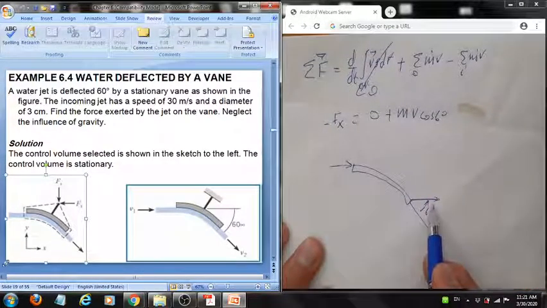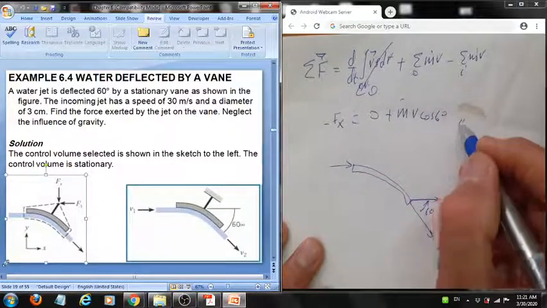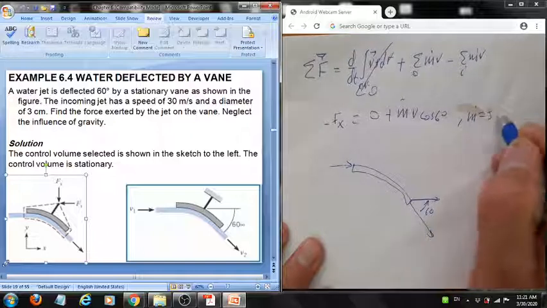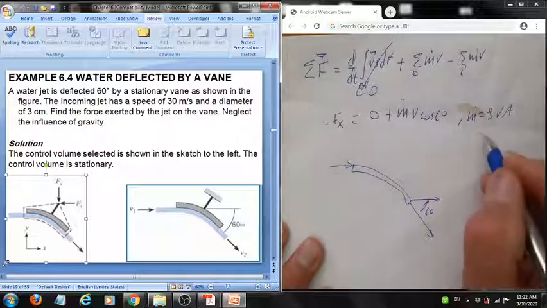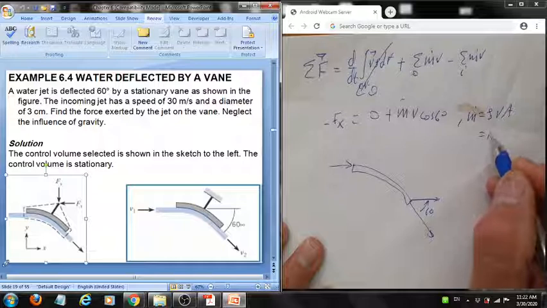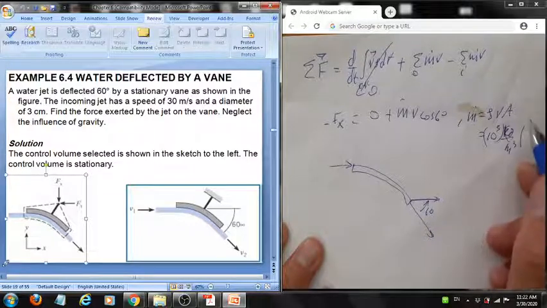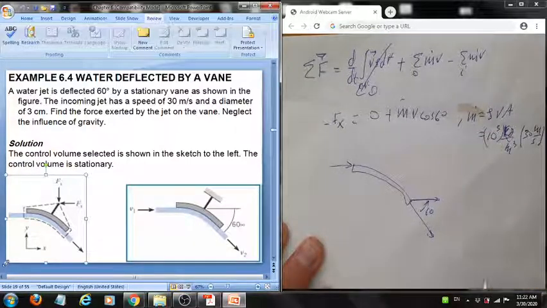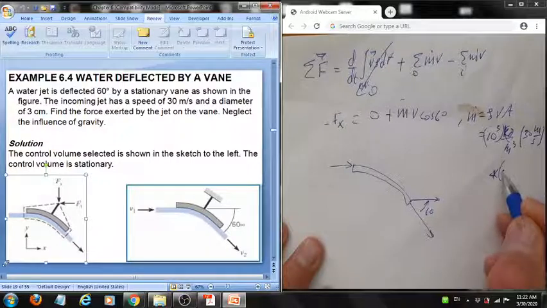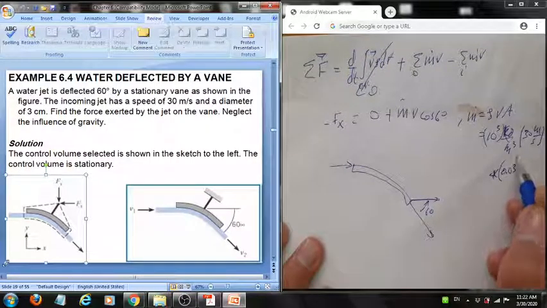Again, it's acting in the positive direction in this manner. For m dot, our equation is rho V A. Density for water is 1000 kilogram per cubic meter. Velocity is given to us as 30 meter per second, multiplied by the area, which is the jet, 0.3 squared pi over 4 meter squared.